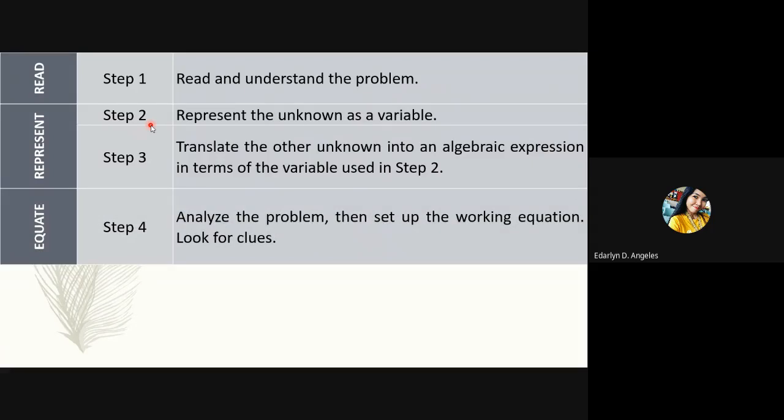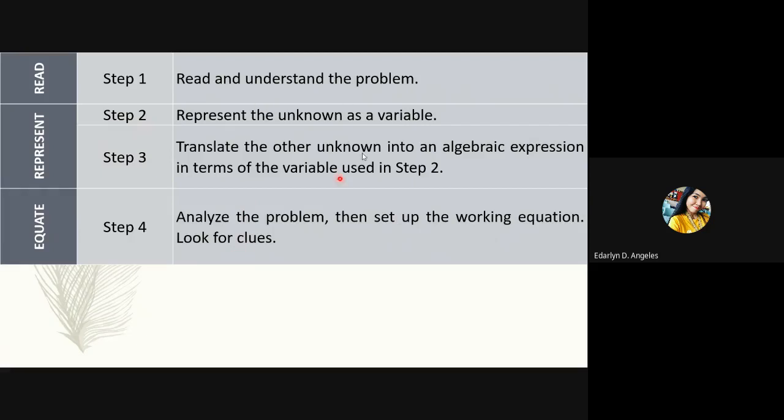All right. The fourth is to equate, or to analyze the problem and then set up the working equation. That's why we have here equate. For us to be able to set up the working equation, we need to look for clues. Usually, the clue is in the statement that relates the two quantities.